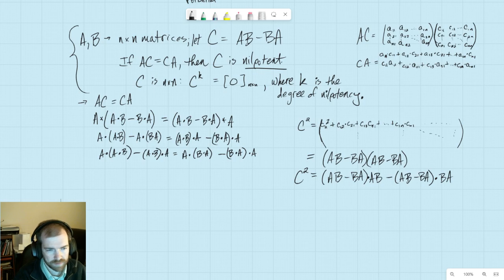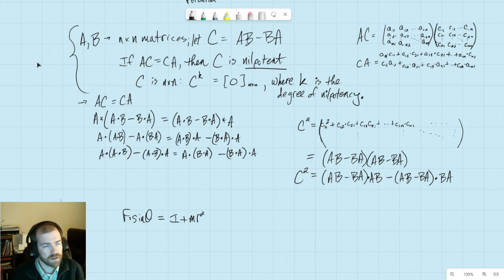F sine theta is equal to I plus mr squared.